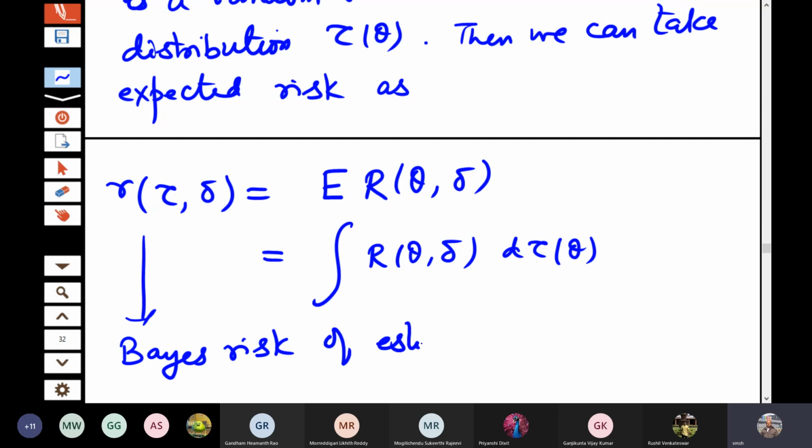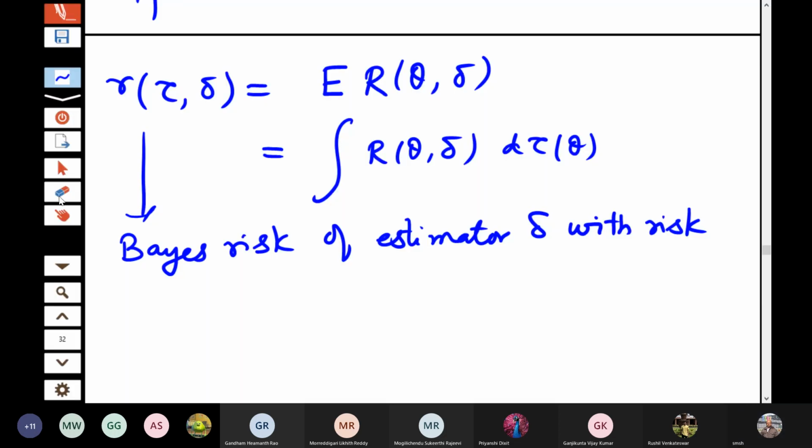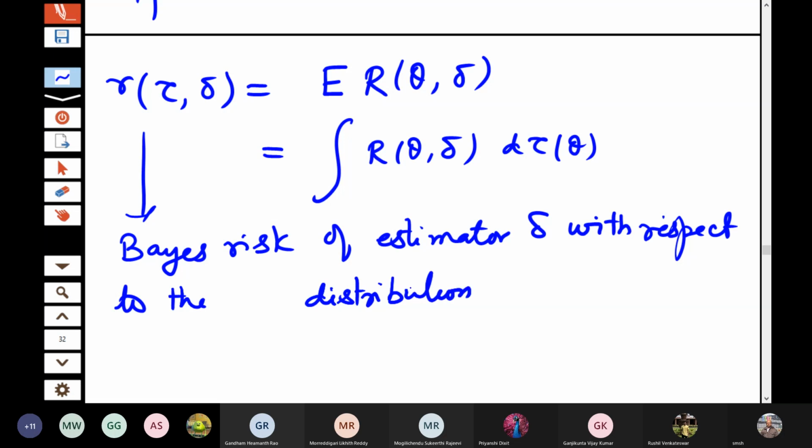of estimator delta with respect to the distribution tau. Now there is a name for this. We call it a prior distribution.